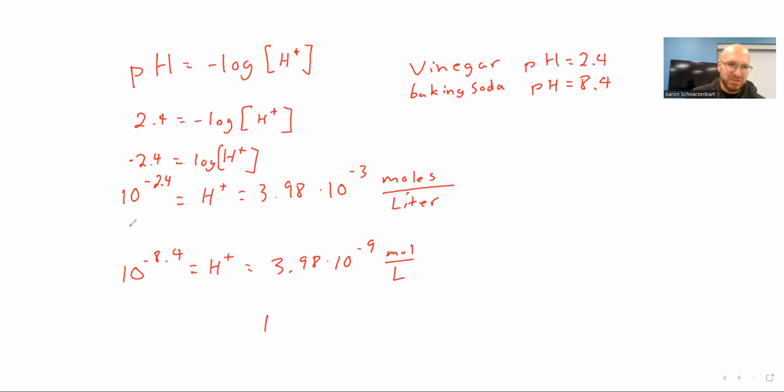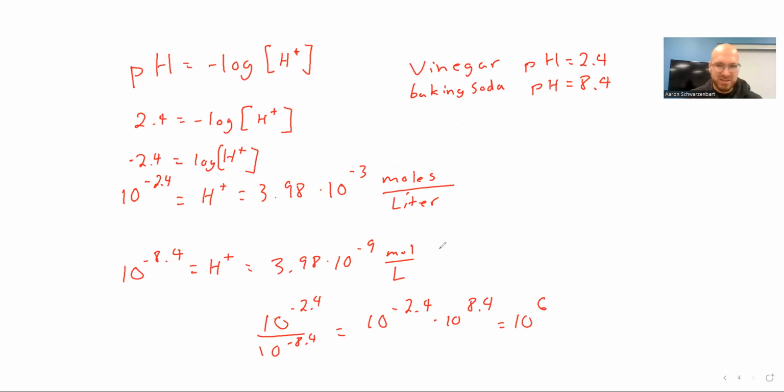The easiest way is to take 10 to the negative 2.4 over 10 to the negative 8.4, and that is 10 to the negative 2.4 times 10 to the positive 8.4. I add the exponents and I get 10 to the sixth, or a million times more. Vinegar has a million times as many hydrogen ions in the dissolved water.